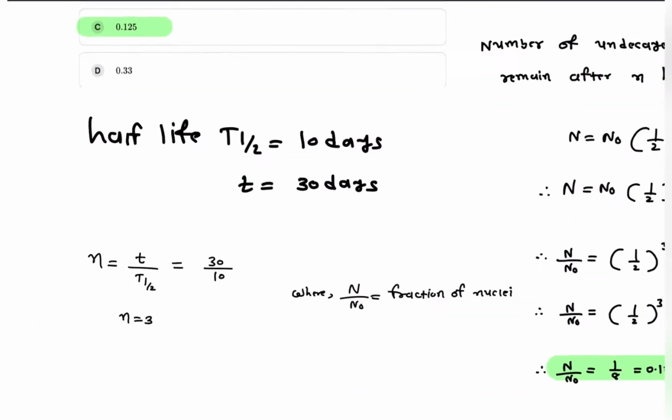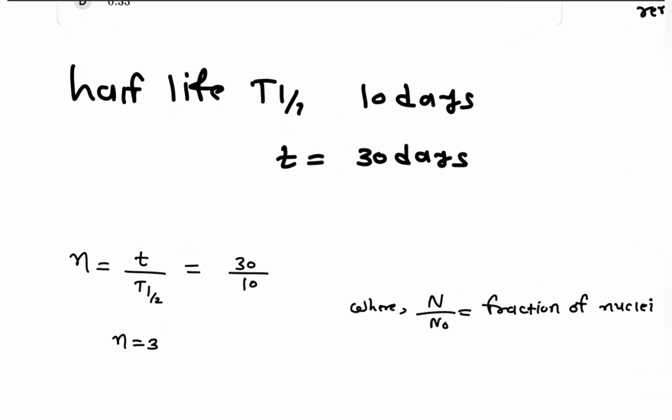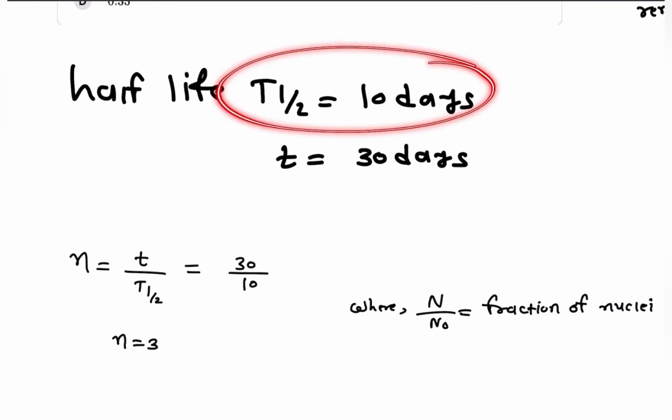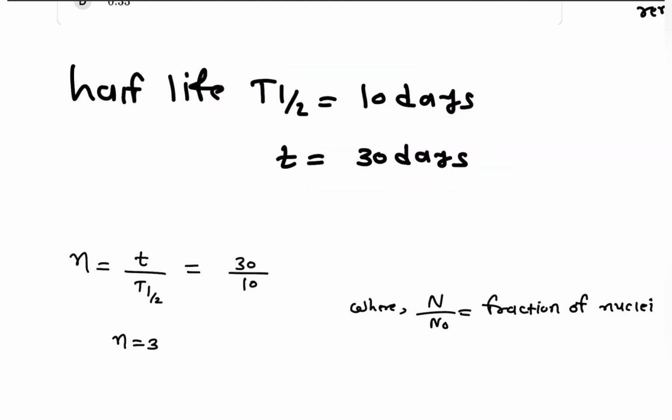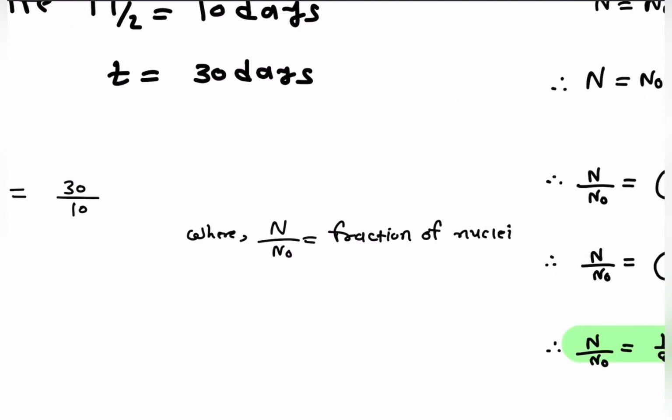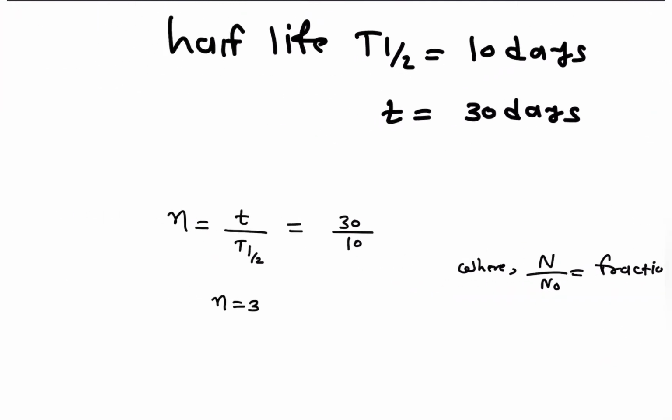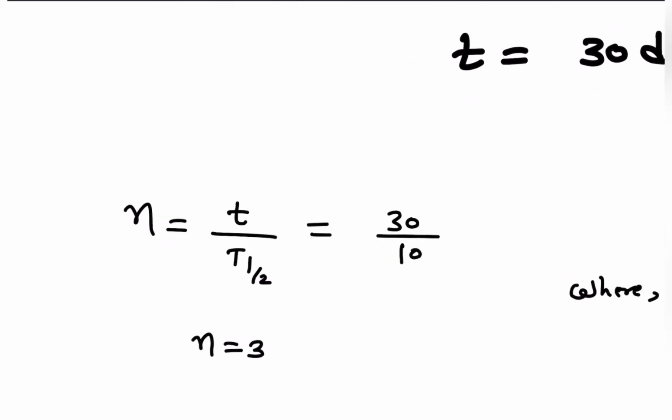The half-life is given as 10 days, and after 30 days, what is the fraction of nuclei N by N naught? We have to find this. First of all, the number of half-lives n is equal to time divided by half-life, that is 30 days divided by 10 days.